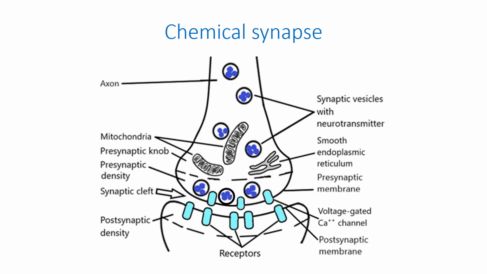Voltage-gated calcium channels are localized on the presynaptic membrane. Cytoplasm near the presynaptic membrane is rich in clusters of biologically active macromolecules and proteins. It is called presynaptic density and possesses active zones where some synaptic vesicles are docked, that is, are in contact with the plasma membrane.